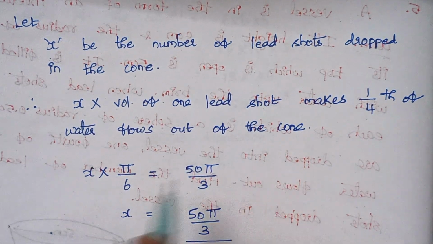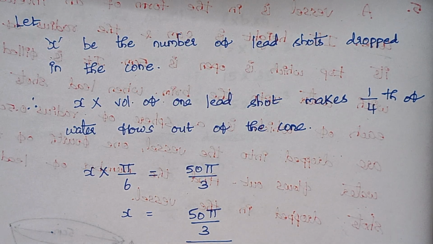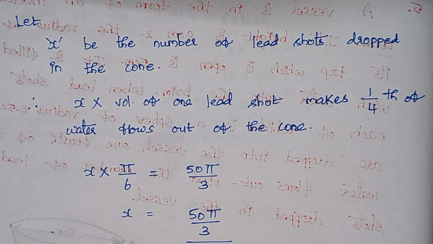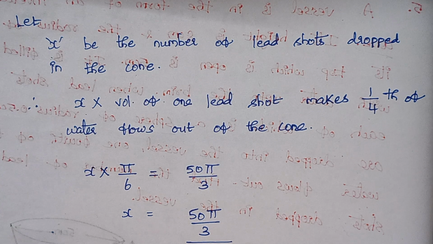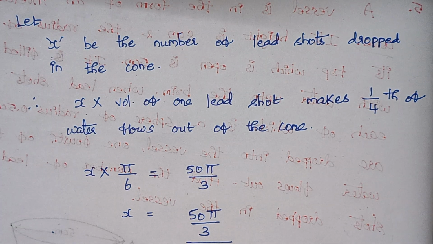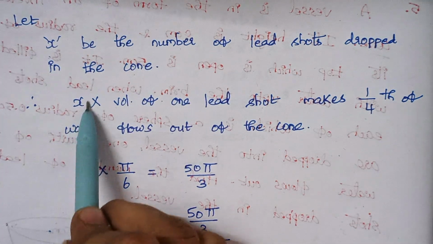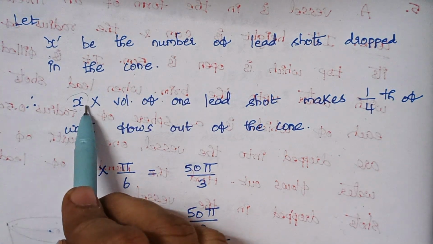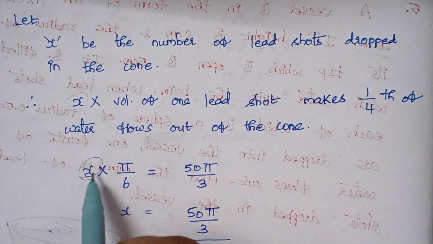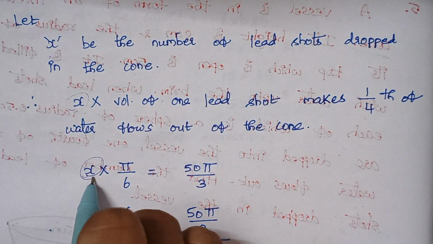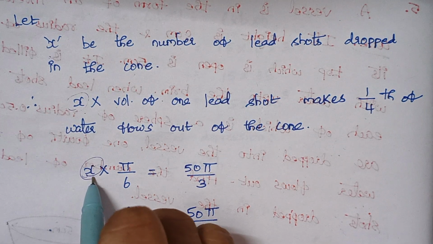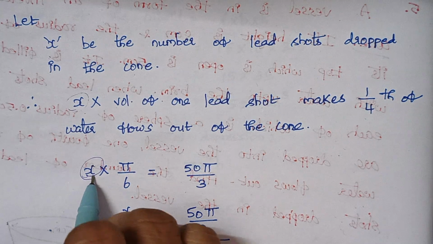Can you get it? We are dropping some lead shots, some spheres, into the water. Due to that, 1 by 4th of the water flows out of it. Let x be the number of lead shots which we are dropping into it. What is the volume of that single lead shot?